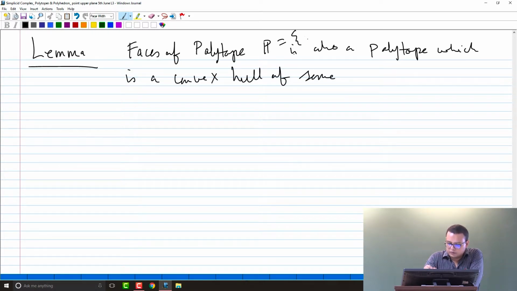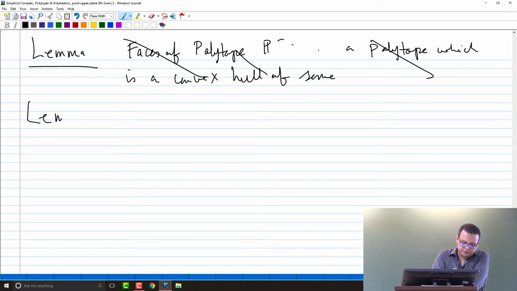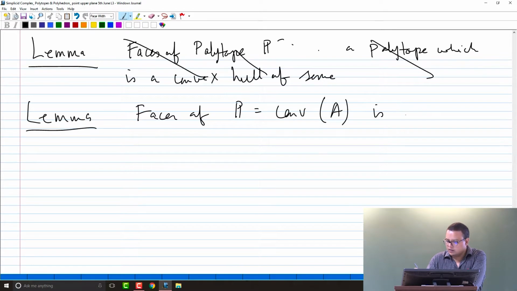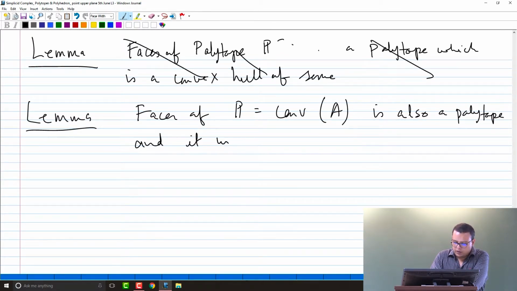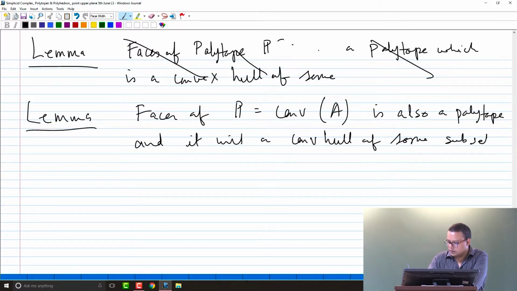Let P be the convex hull of a finite set A. Then the faces of P are also polytopes, and each will be the convex hull of some subset of A.